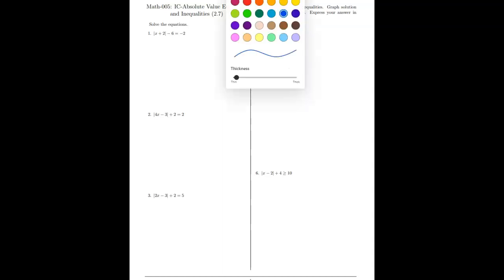So if I have a -3 inside my absolute value bars, my distance from zero is 3. Same way, if I have 3 inside my absolute value bars, that's also 3 units away.